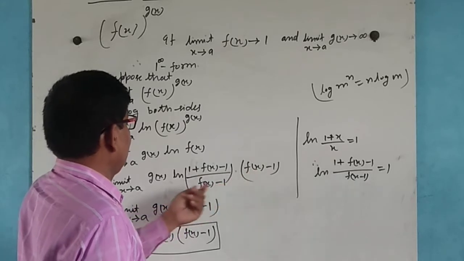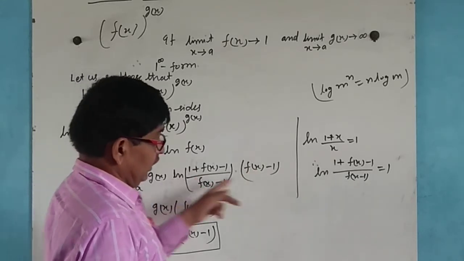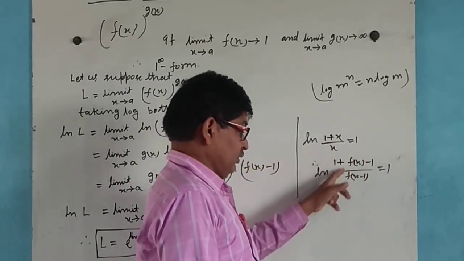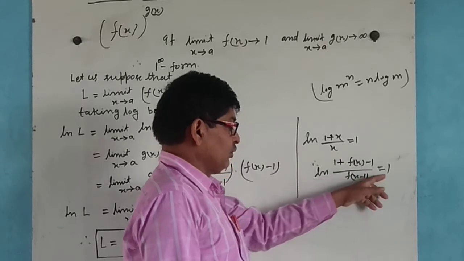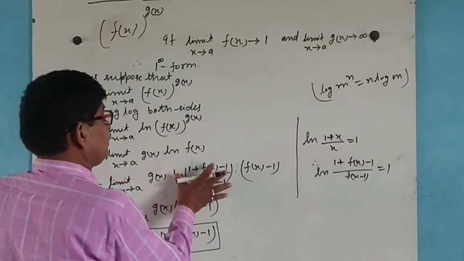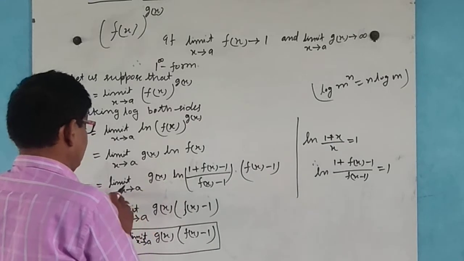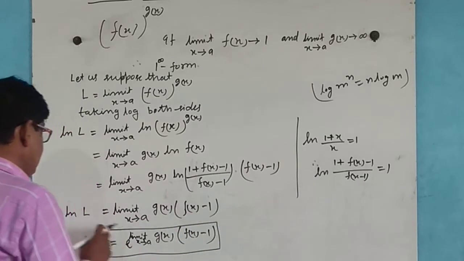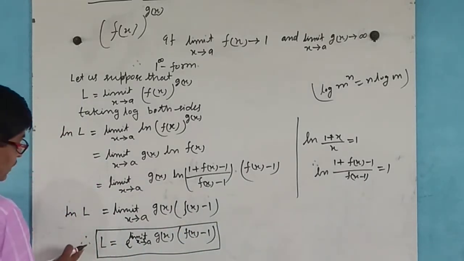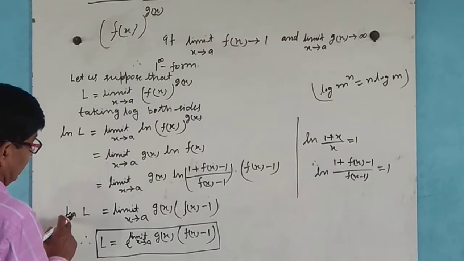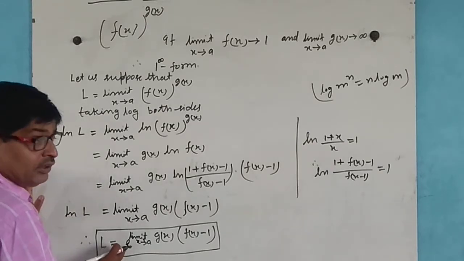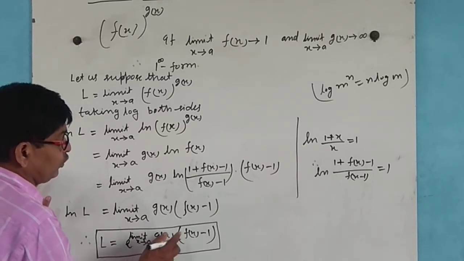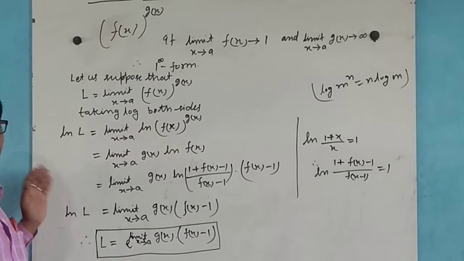As we know that ln(1 plus x) by x equals 1, in such a situation that is also equal to 1, so this becomes 1, and here limit x tends to a g(x) into f(x) minus 1. So L equals e to the power limit x tends to a g(x) into f(x) minus 1, changing to exponential form.